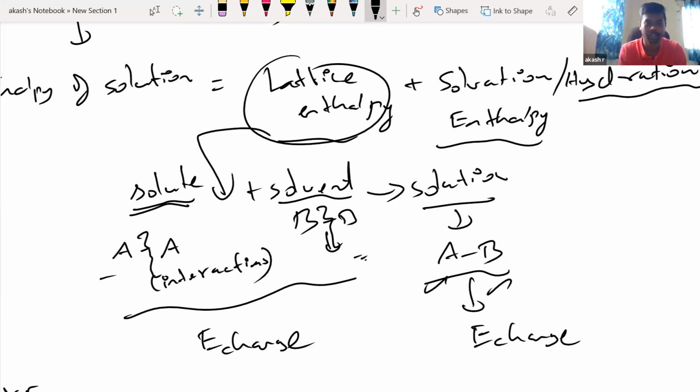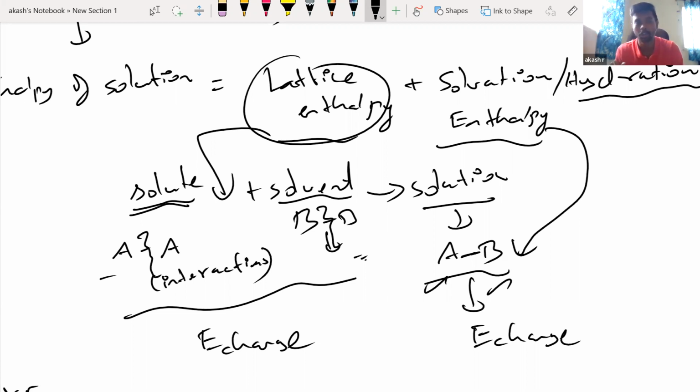That's not the exact definition, but it has something to do with this breaking of interactions. And whenever a new interaction or bond is formed, some energy will be released, and that energy is nothing but your solvation or hydration energy. We will give you proper definitions for this, don't worry, but this is the overall process.